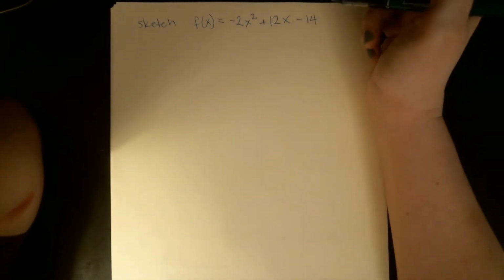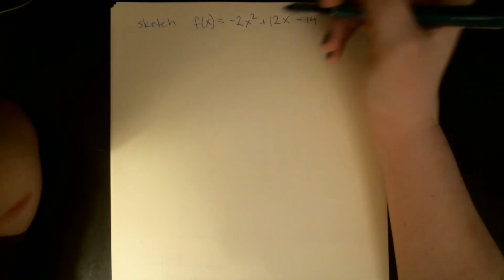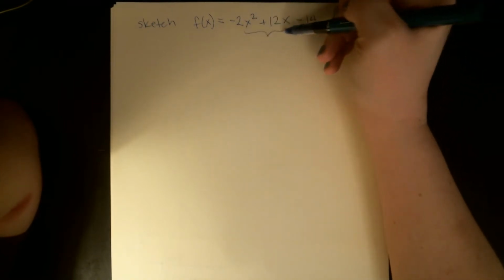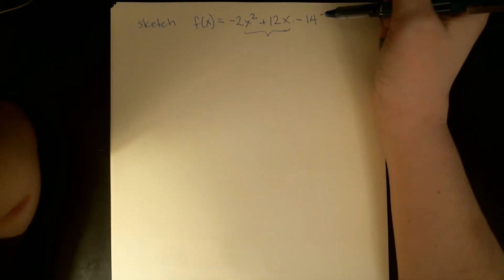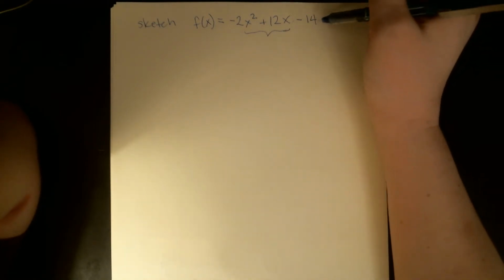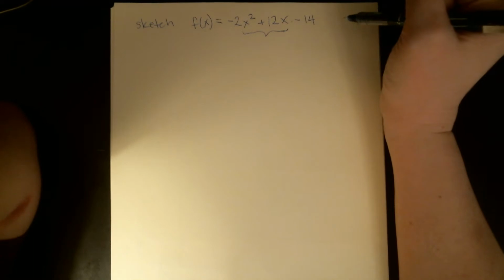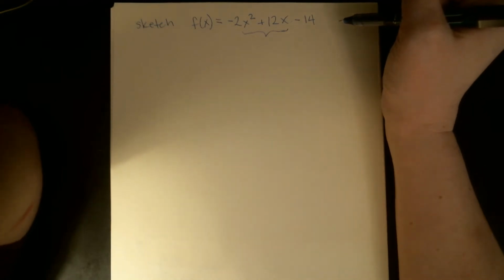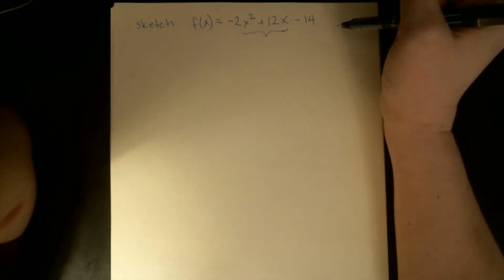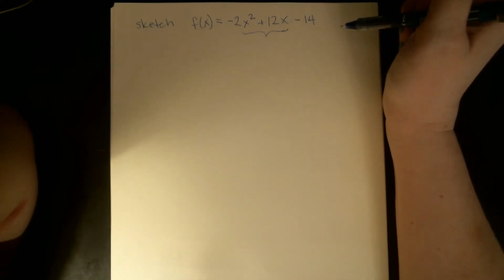But the idea here is basically if we can isolate an x squared and x term, we should be able to cleverly choose a constant to tack onto the end of that, probably not negative 14, but some other constant, that will make it factor into a perfect square. So something like x plus 4 squared or x minus 1 squared, where the whole thing is squared.